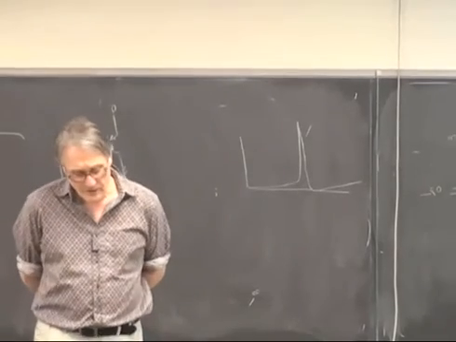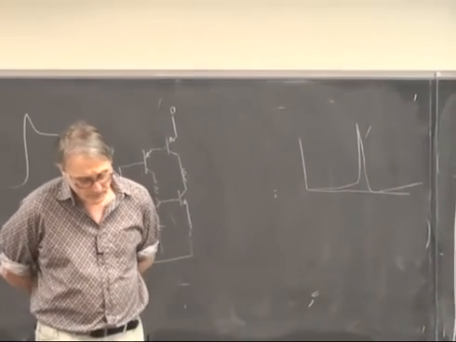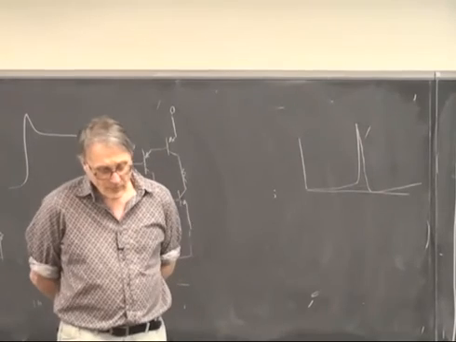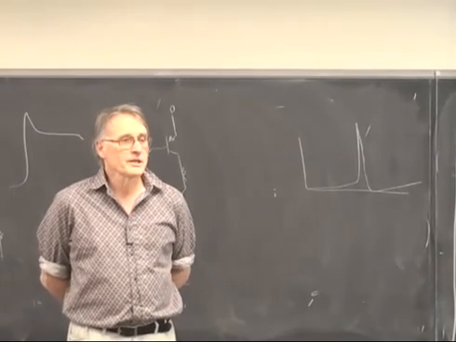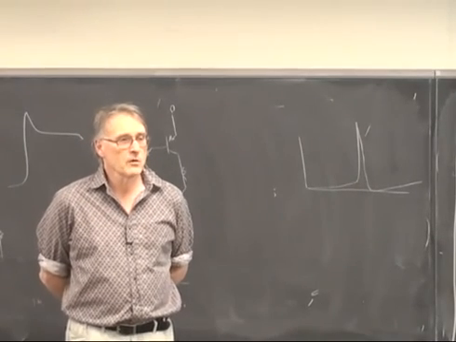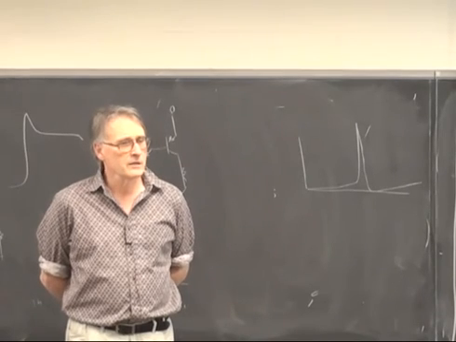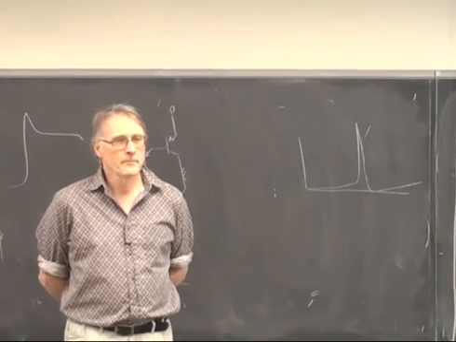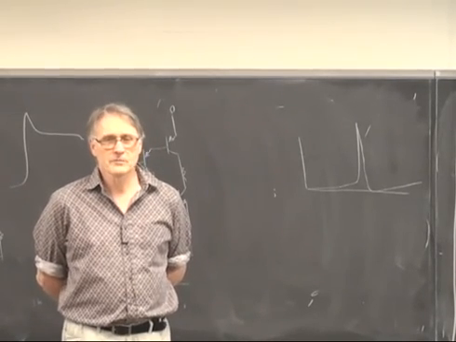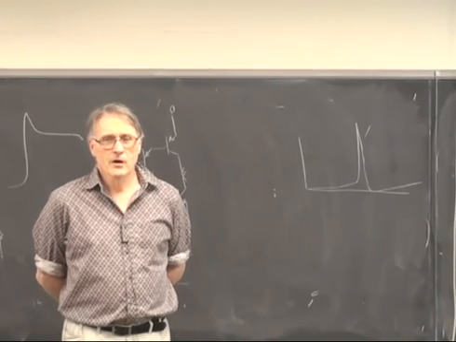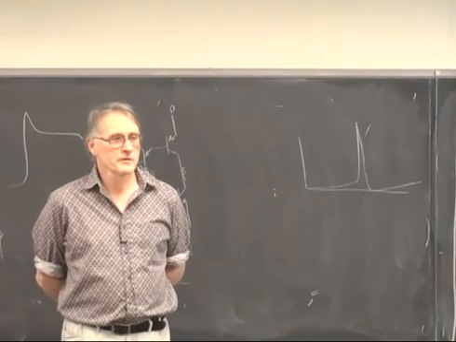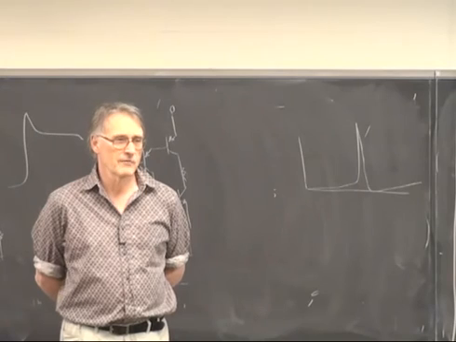You can simulate the effect of various drugs by changing membrane parameters. So what does digitalis do? One of the first drugs that was used for heart failure, hundreds of years ago, was foxglove.